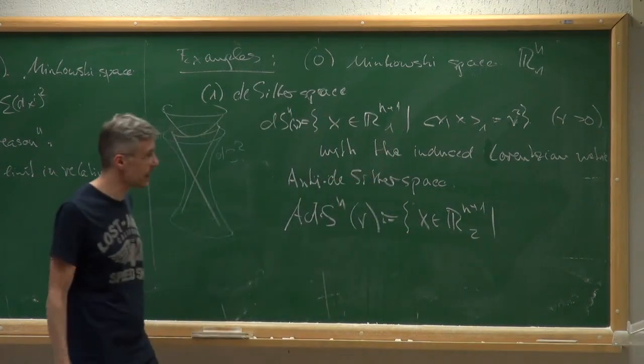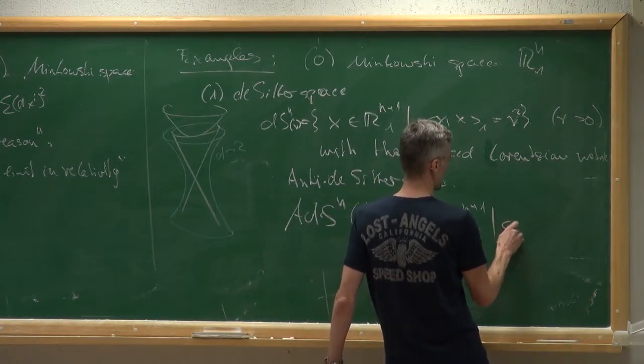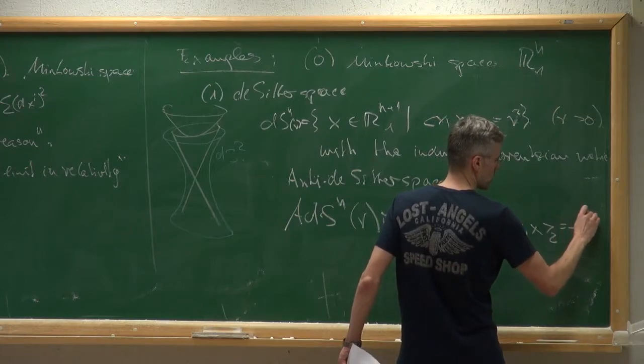Now you need 2 negative eigenvalues, because if you kill one, you still need to retain 1 negative eigenvalue, with those inner products equal to minus r squared.